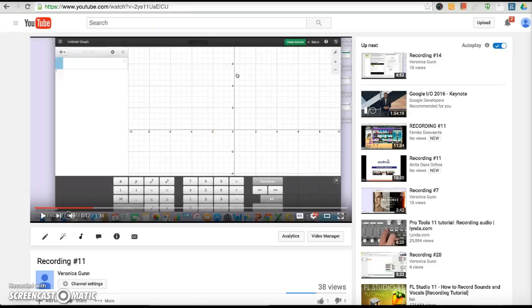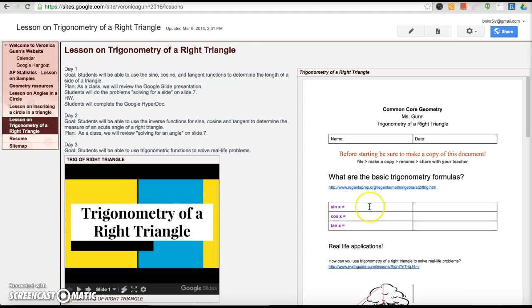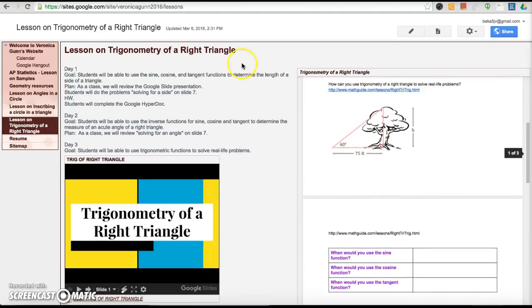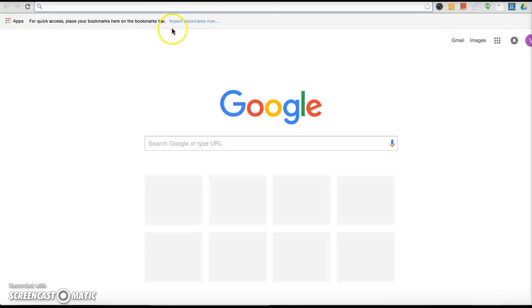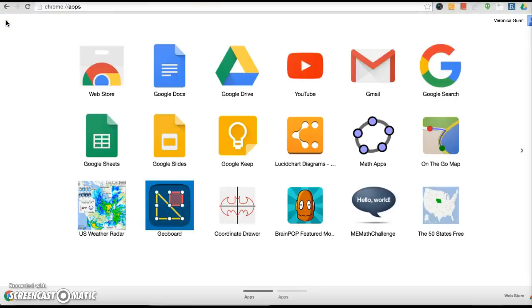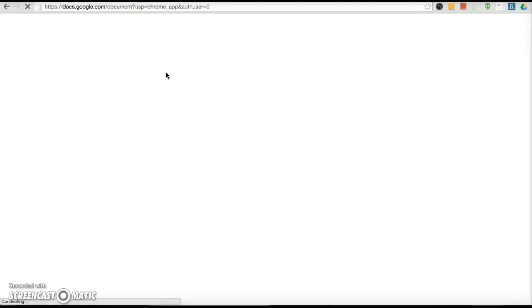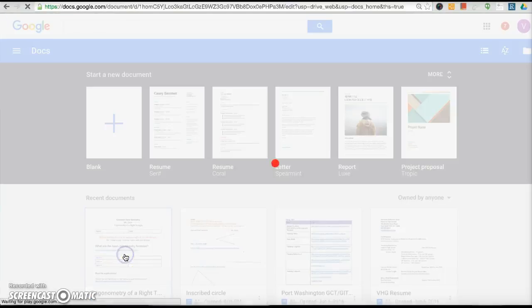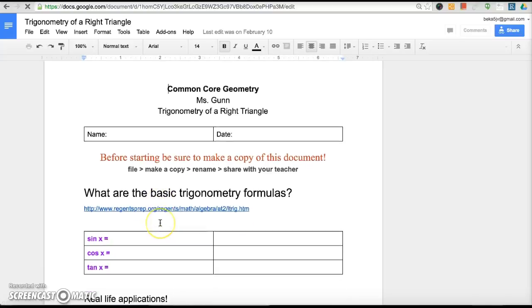Okay. In addition to the Google Slides, I also had this HyperDoc for them to work on. Let me bring you to that. So here's the HyperDoc.